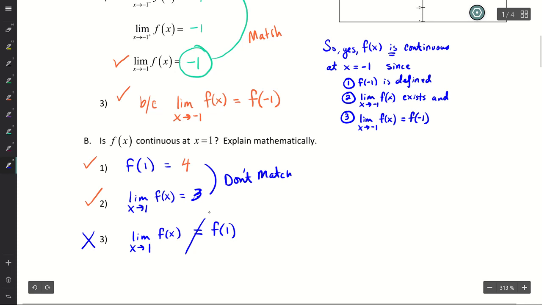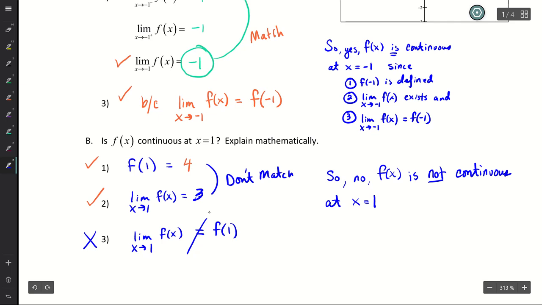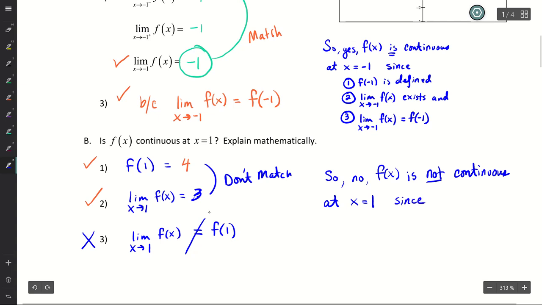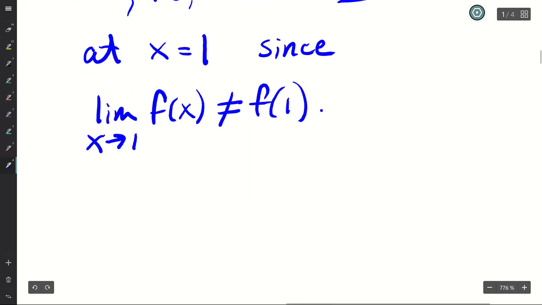And you could say, so no, f of x is not continuous at x equals 1, since the limit as x approaches 1 of f of x is not equal to f of 1. So you give a justification for your answer and your work there.